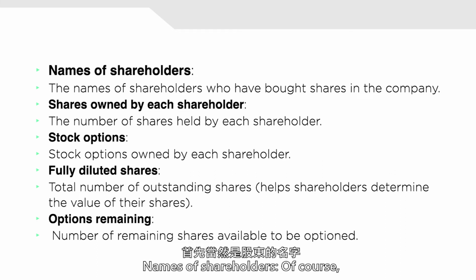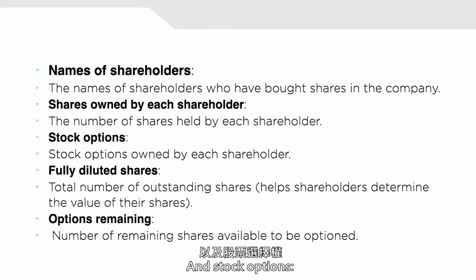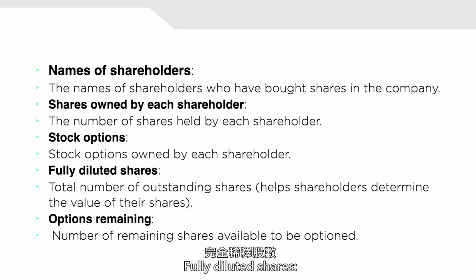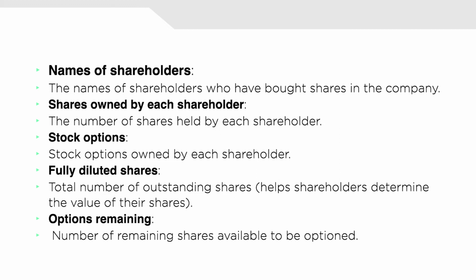Name of shareholders, of course, who have bought shares in the company. Shares owned by each shareholder, the number of shares held by each shareholder, and stock options owned by each shareholder, and fully diluted shares, the total number of outstanding shares, which helps a shareholder determine the value of their shares.